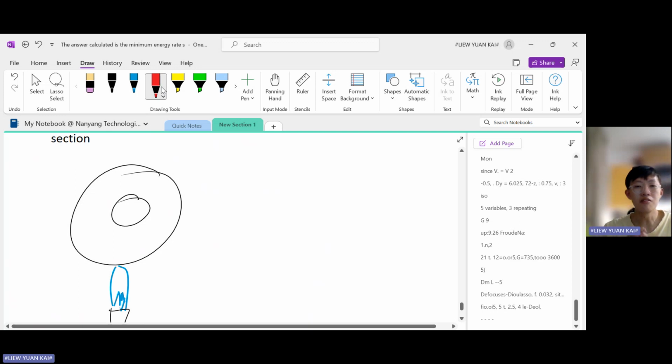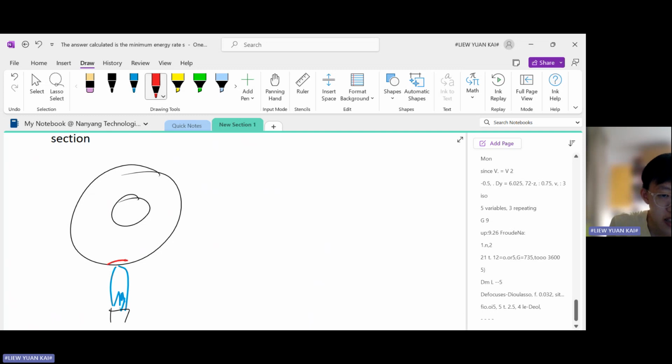So how does the heating occur? Do you notice that the heating actually happens like this? It's concentrated at this small spot here. Then it will travel upwards across the cross-section area of the pipe.